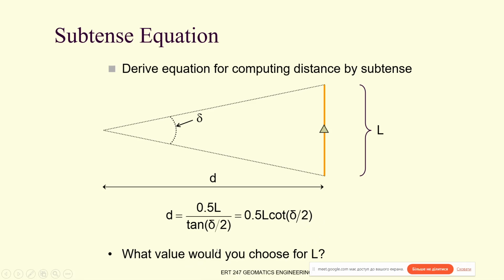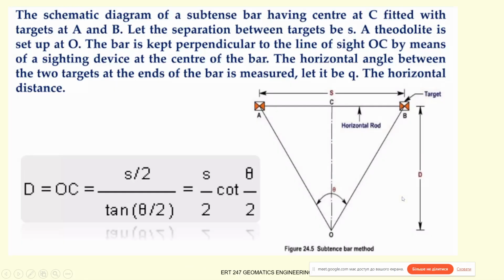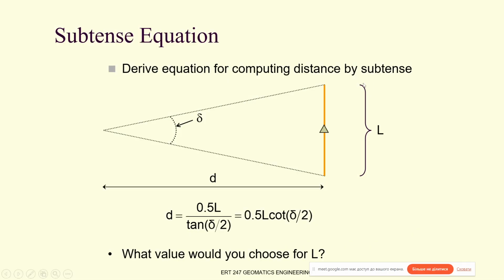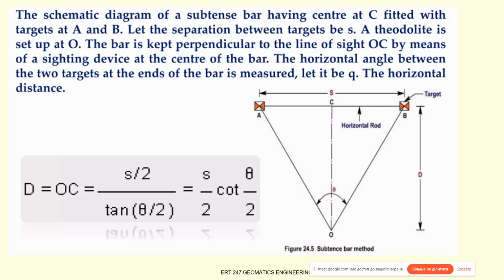What value would you choose for L? Well, the schematic diagram of the subtense bar having center at C fitted with the targets A and B. Here you can see the same explanation.